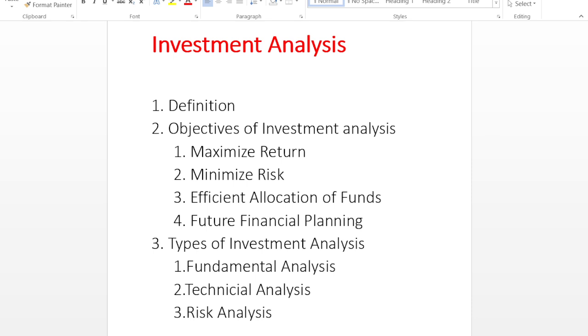The best example is analyzing company profit, revenue growth, and debt before buying its shares. Directly you cannot see the financial statements of a particular company, so you have to think about the profit, revenue growth, and the debt before buying its shares. This is fundamental analysis.